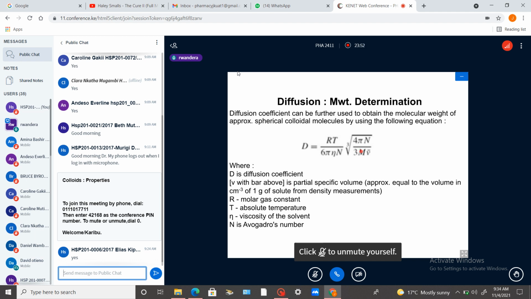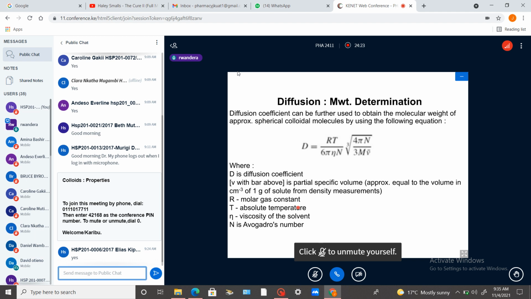Then V with a bar is the partial specific volume, that is approximately equal to the volume in cubic centimeters of 1 gram of solid from density measurement. So V with a bar, you can measure it. R is the molar gas constant, T is the absolute temperature, eta is the viscosity, and capital N is the Avogadro's number.